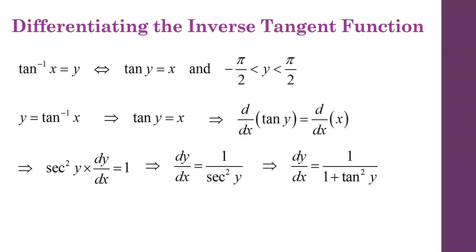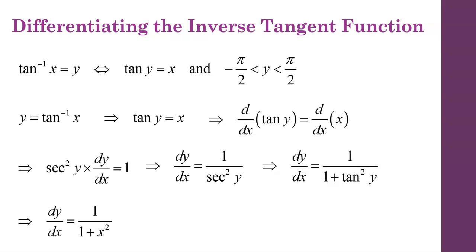And the second I get a tangent of y back in my problem, I have, well, tangent of y squared, or tangent squared of y, I can go back and replace tangent of y with x. So this becomes 1 plus x squared on the bottom.